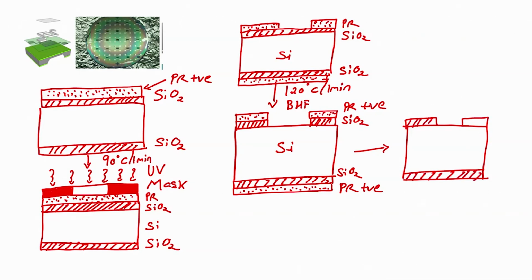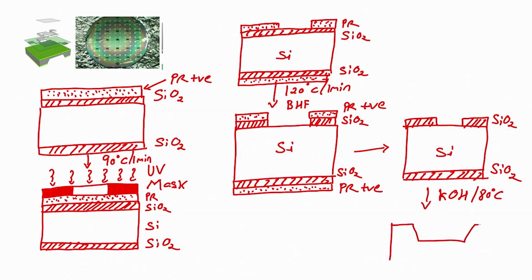PR will be stripped off. Next step would be etching the wafer in KOH at 80 degree centigrade to obtain a diaphragm.